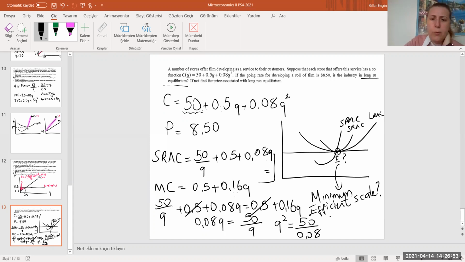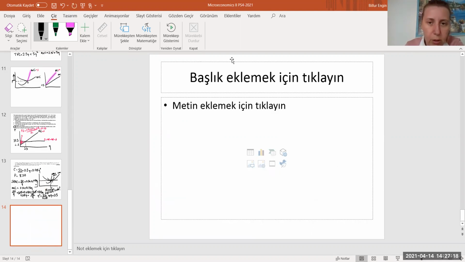I think Q is 20 in that case, right? 50 over 0.08. Değil, 625. So Q is 25 here. Yes. Q is 25. Now, what we found, let's put it here better.